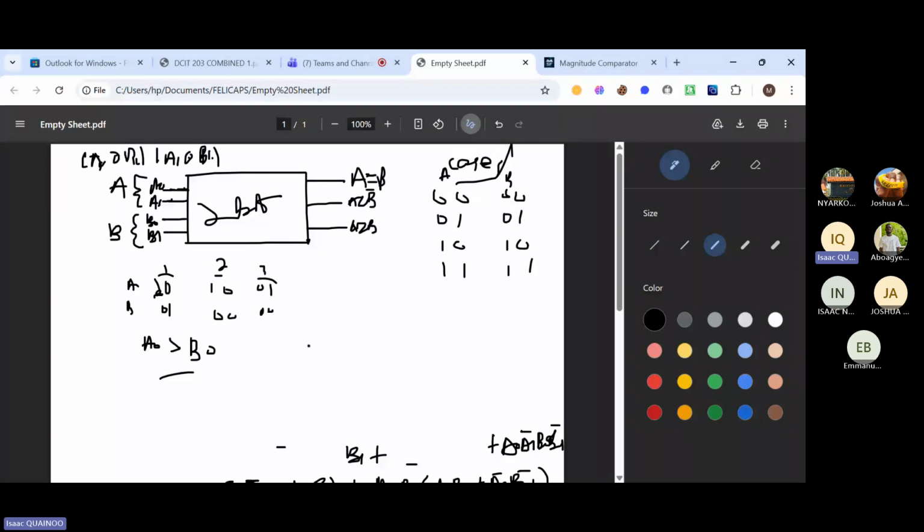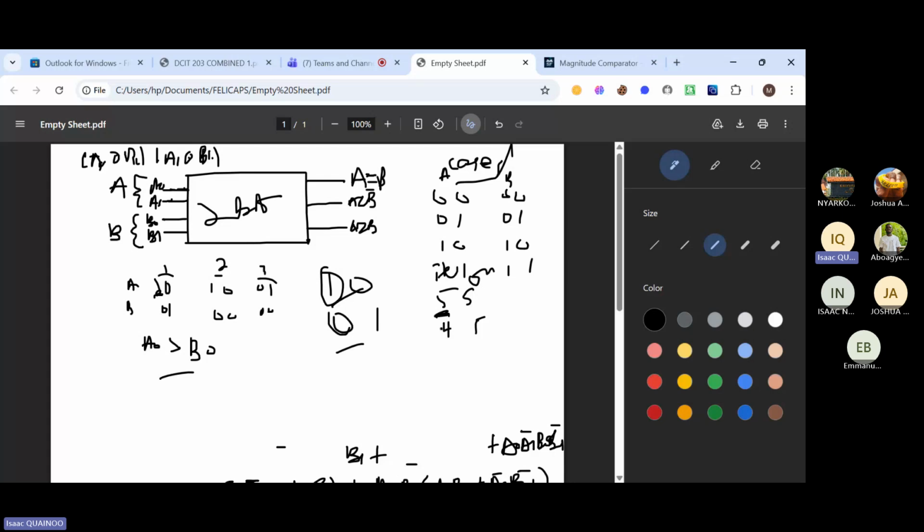If you have any two binary numbers, you look at the first bit. Let's say here we have 1 0, and we have 0. If you look at the first bit and this one here is bigger than this 0, is there a need to even compare the second bits? No, there is no need to compare the second bit, because once the first bit here is bigger than the first bit here, you know this number is bigger. It even applies to decimal numbers. If you are comparing, let's say, 55 to 45, here is in ones, here is in tens.